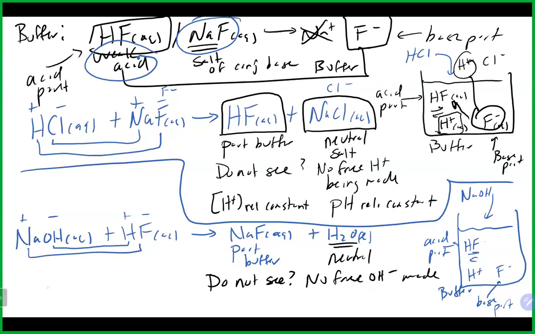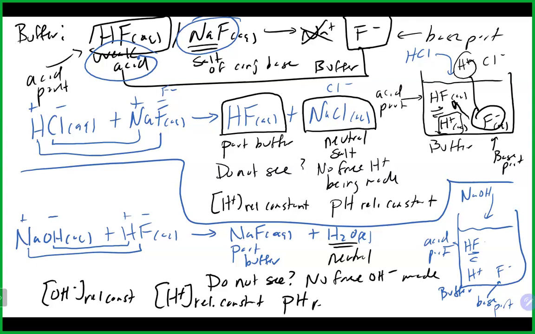And because the concentration of OH minus stays relatively constant, remember the H plus concentration is related, it will also stay relatively constant. And the result of that is, again, your pH will stay relatively constant as well. What I mean again by that is same idea. If you added some base to a buffer and you followed the pH, you would see it go up a little bit.